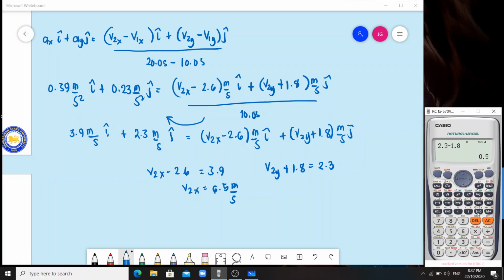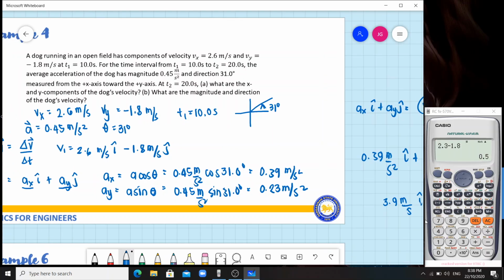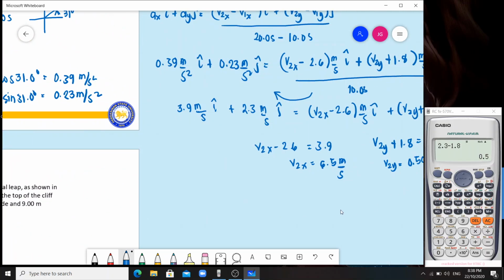Okay, that is equivalent to 0.5. So V2Y is equivalent to 0.50 meters per second. Yan. So meron na tayong answer for letter A. Okay, eto na yan.